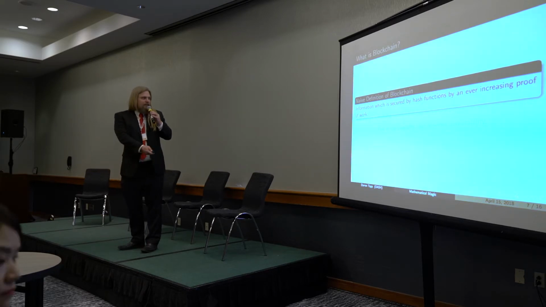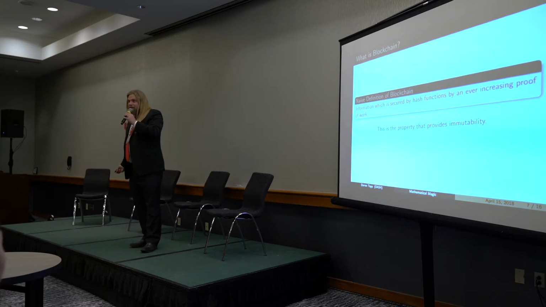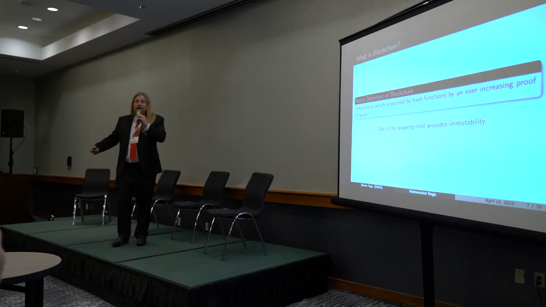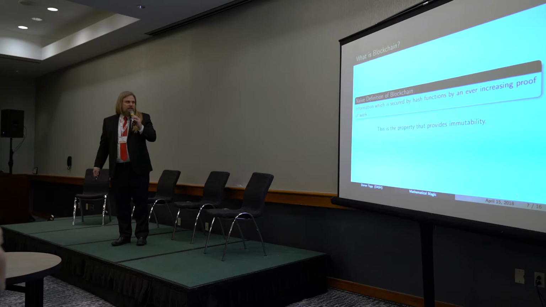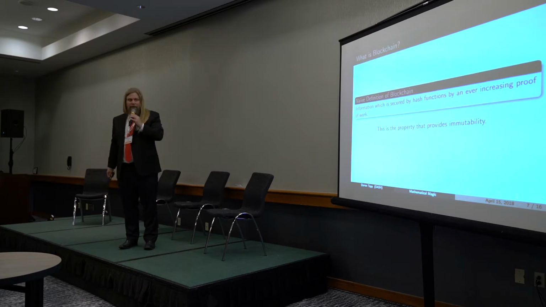And yes, this is the property that provides immutability, but technically with digital signatures, you could have information that was very difficult to mutate already. So it doesn't seem like this one definition is going to change the world, okay?